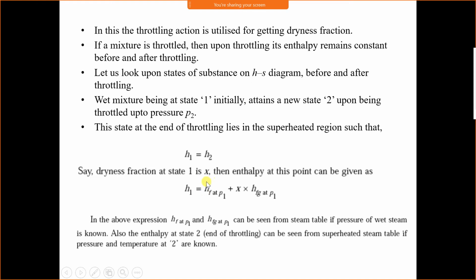If I add hf with hfg, it becomes saturated vapor. But we are collecting a wet sample. We don't know how wet it is. We don't know the amount of dry steam and water molecules. Therefore, we are multiplying the latent heat with x.